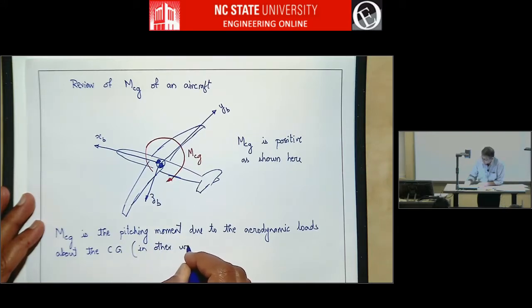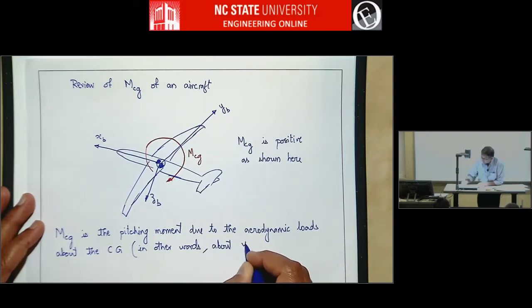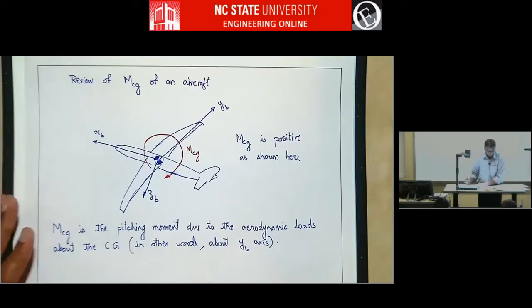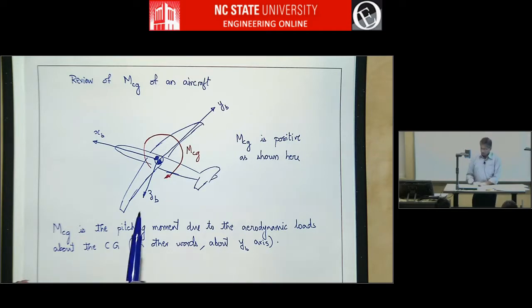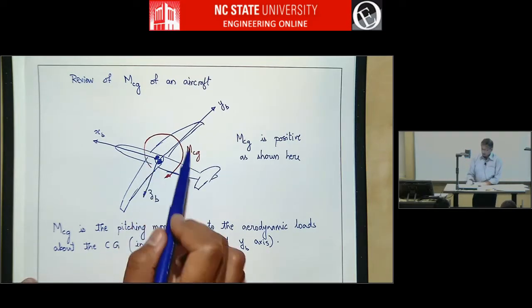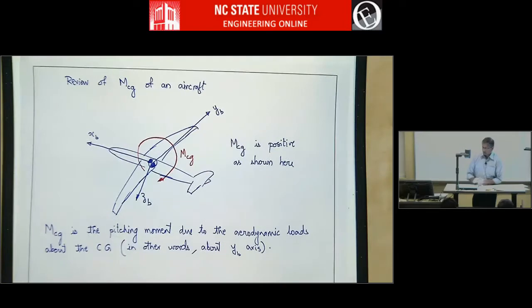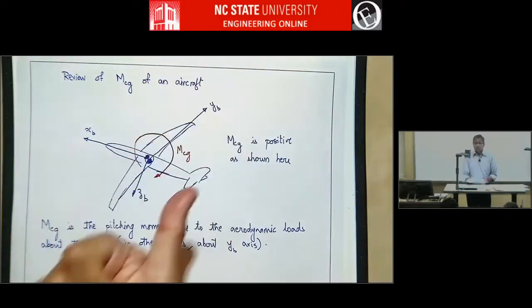Or in other words, it's about the YB axis. So positive MCG means, by sign convention, the MCG is positive when the moment is about the positive y-axis with the right-hand rule.